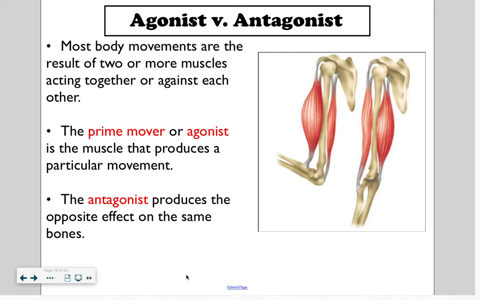So to make your arm lower, you're going to contract the tricep, and if we contract the tricep in the back, it's going to pull the opposite direction on the insertion point. So the antagonist in this case would be the tricep, producing the opposite movement. So we have bicep and tricep, that's an agonist and antagonistic pair. They work opposite motions on the same bone.